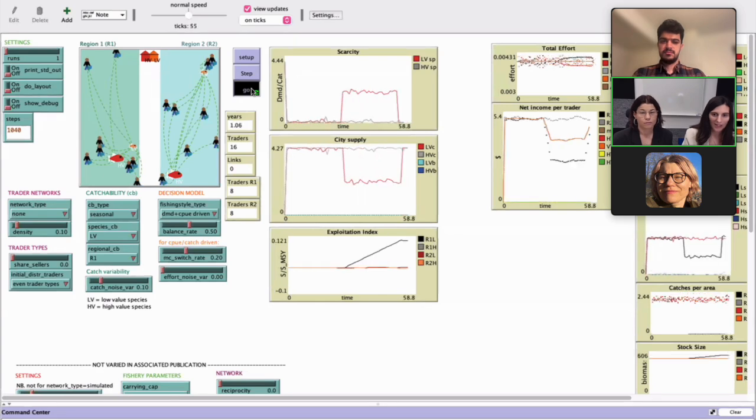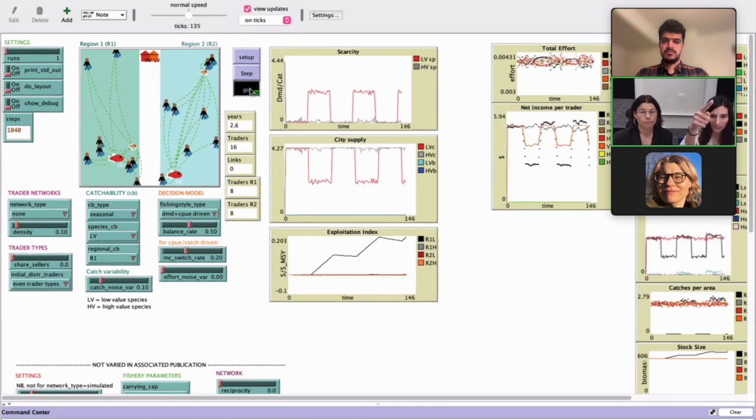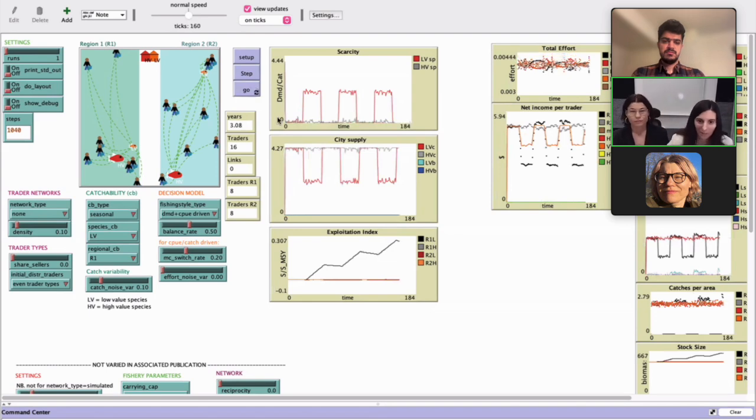So what we see here is basically, where you see the low value species going down in the demand, it is because that fish cannot be fished in that region during part of the year, that part of the year that we see going down, and the traders cannot trade, so they just keep doing what they usually do, and there's just less fish in the market than what the demand wants because they are not catching it, right?